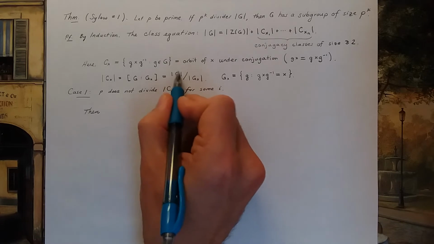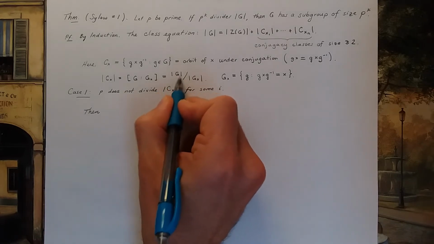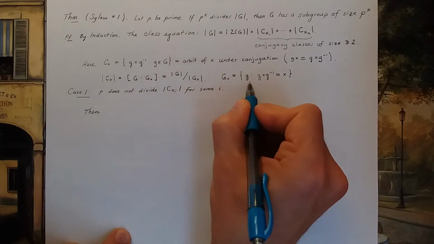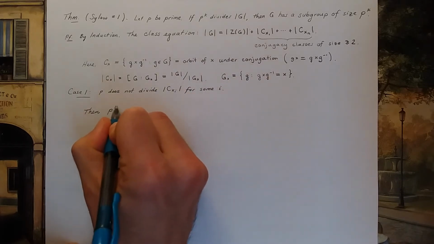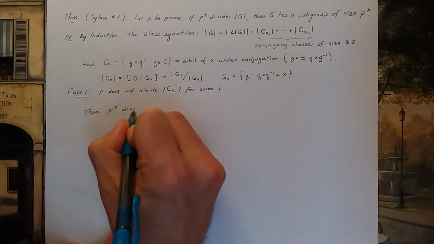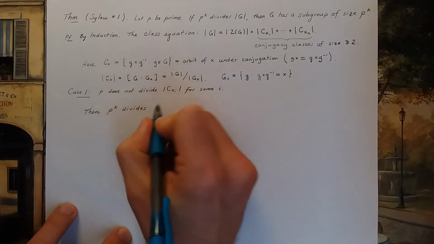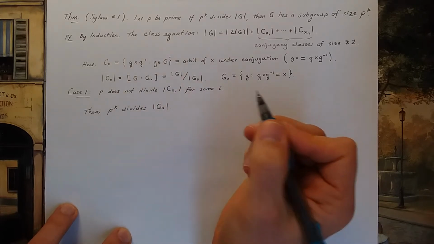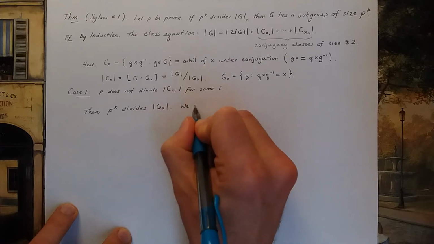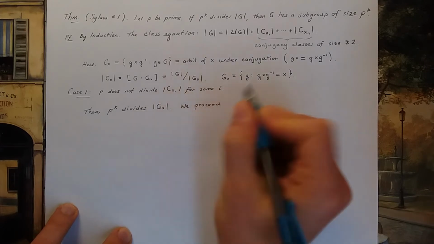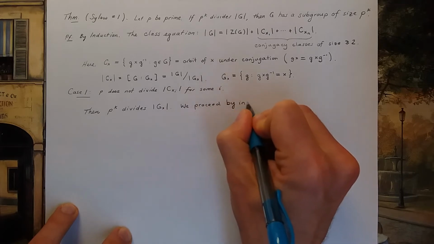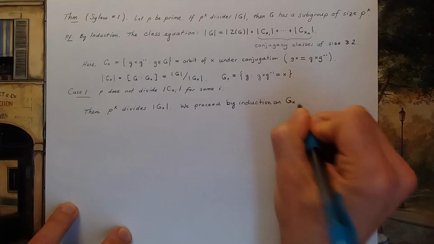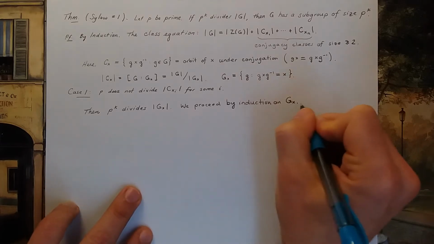So that means all the powers of p that appear in the size of the group have to be canceled out by the size of this stabilizer subgroup. So that means that p to the k must divide the size of this stabilizer subgroup. Then we can proceed by induction on the stabilizer subgroup G_x.